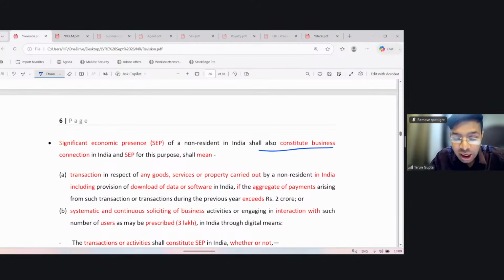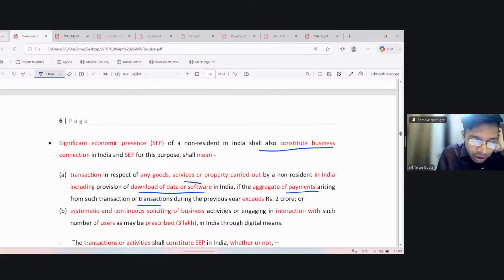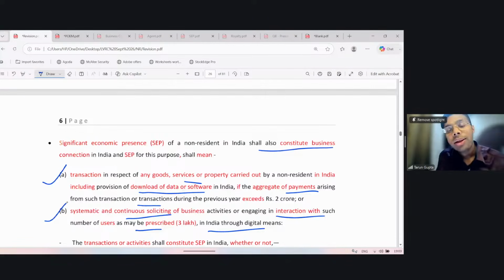SEP for this purpose shall mean transactions in respect of any goods, services, or property carried out by a non-resident in India, including provision for download of data or software in India, if the aggregate of the payments arising from such transactions during the previous year exceeds 2 crore, or systematic and continuous soliciting of business activities or engaging in interaction with such number of users as may be prescribed, 3 lakh, in India through digital means. So in either of these cases, A or B, the SEP is constituted and SEP is treated as business connection.